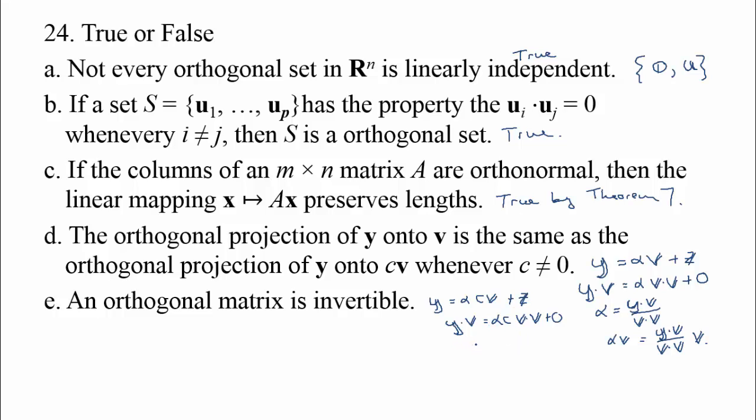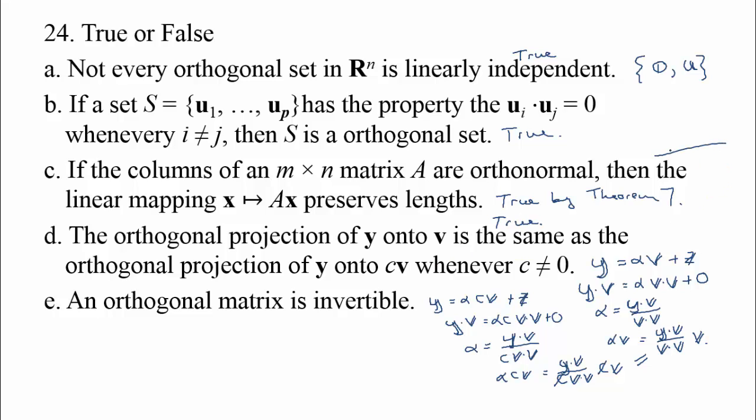So again, this time we'd get alpha is equal to y dot v over cv dot v, but the projection would be alpha cv, so we would have y dot v over cv dot v times cv. And since c is just a scalar, it's going to cancel. It's going to give us exactly the same thing as we had before. So this is true.